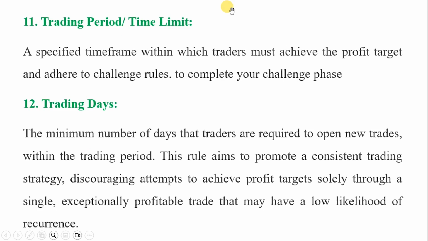The next one is the trading period, a specified time frame within which traders must achieve the profit target and adhere to challenge rules to complete the challenge phase. Before now, prop firms usually gave traders 2 months, 1 month, or 3 months to meet the profit target of maybe 10% or 8%.